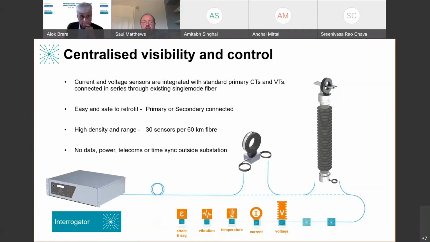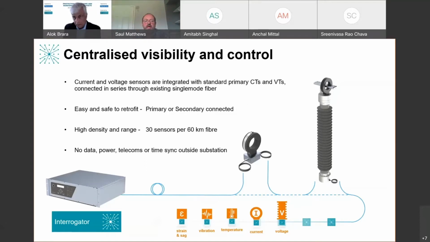But additionally, these sensors are also capable of measuring mechanical parameters. So as well as current and voltage, we can also measure temperature, vibration, strain, and you can combine any of those functions together in these networks, again consuming up to 30 locations per fiber, to reach out very long distances from the substation, distances that were never achieved before with any other conventional technology.